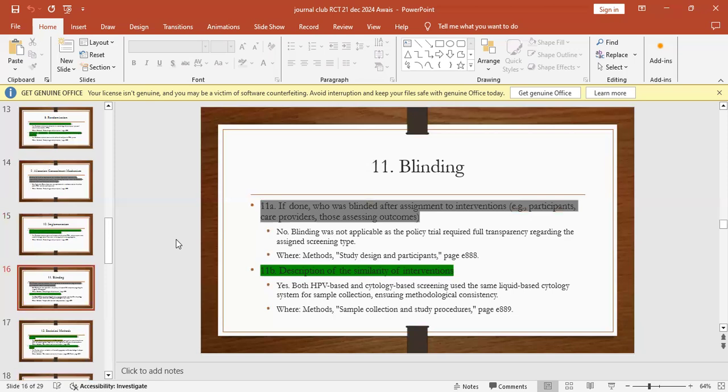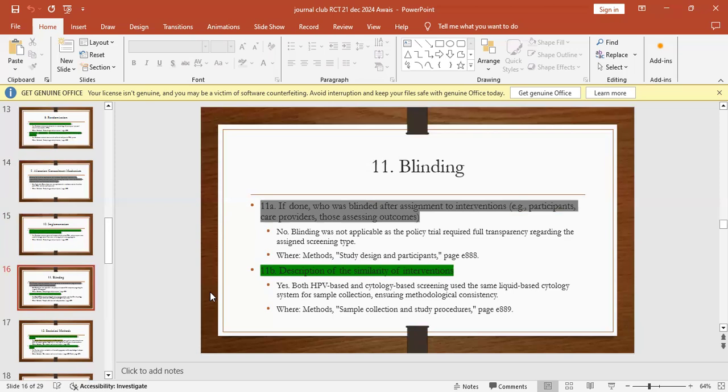Whether the article has done blinding, and if done, who was blinded after assignment to the interventions, whether participants, care providers, or those assessing outcomes. That is level 1, 2, or 3 blinding. No, blinding was not applicable as the policy trial required full transparency regarding the assigned screening type.